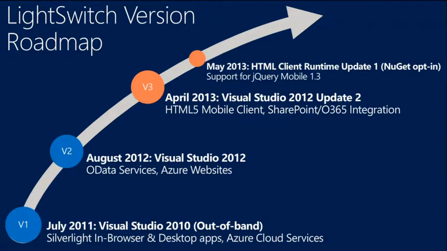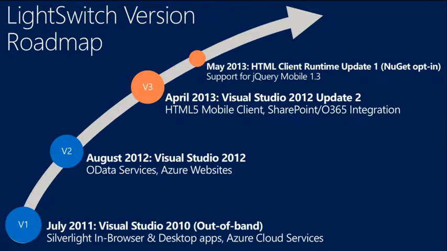Now, what we are focusing on today is V3, which we released as a free update, Update 2 to Visual Studio 2012. Who of you has Visual Studio 2012 Update 2 installed already? Okay. The others should do that pretty soon because you get it for free, and you get a lot for free. You get the new HTML5 mobile clients, and you also get the SharePoint and Office 365 integration that I'll talk about on Friday.